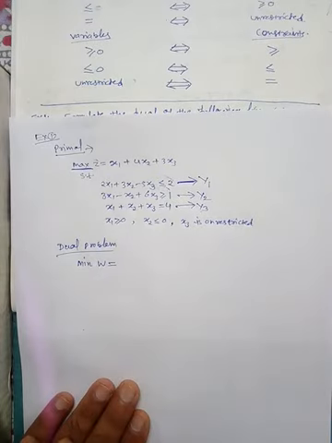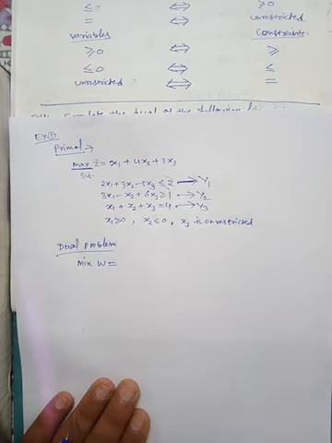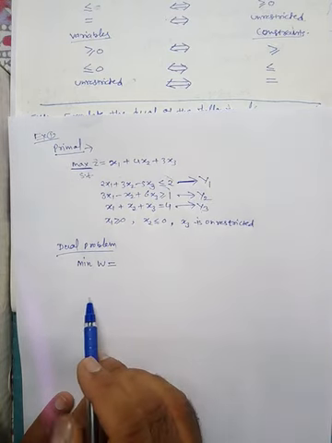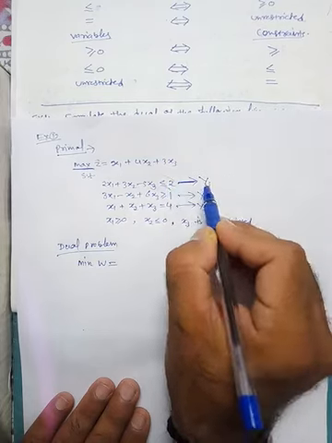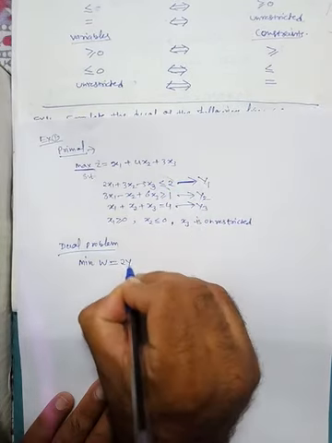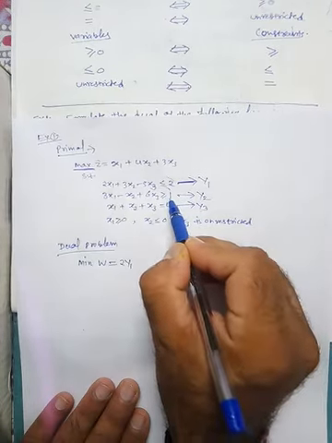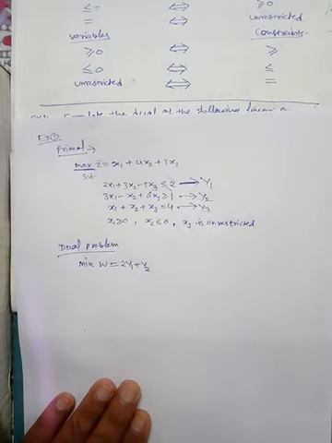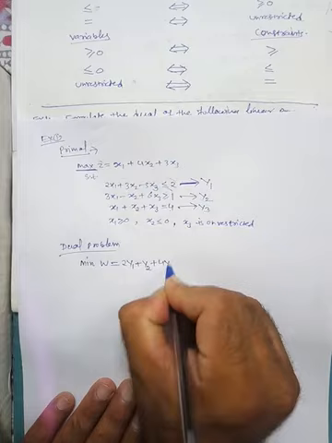Now first write down the objective function. Minimum of w is equal to: the right hand side 2 is multiplied by y1, so write down 2y1. The right hand side 1 into y2, so plus y2. Then this 4 is multiplied by y3, so write down 4y3.